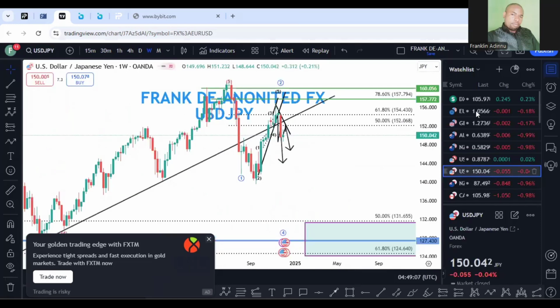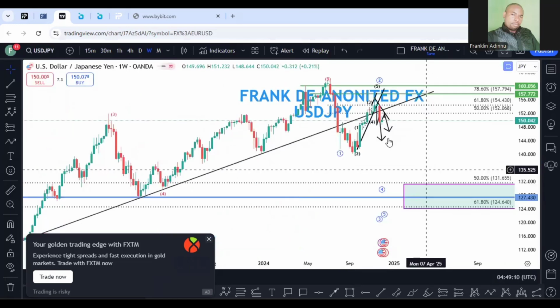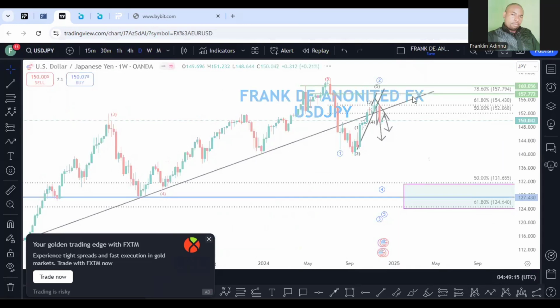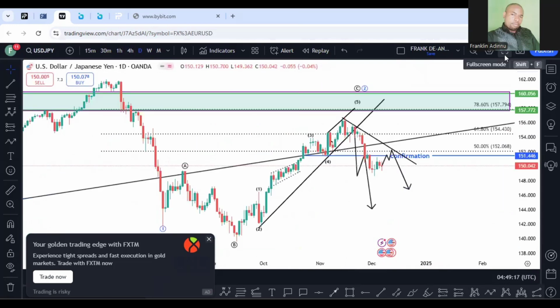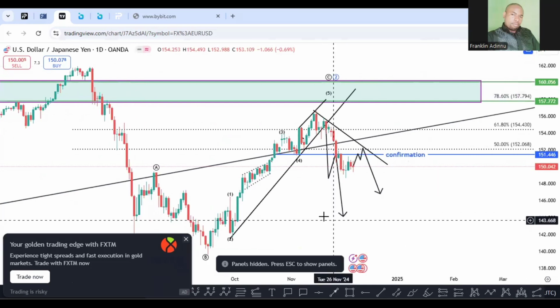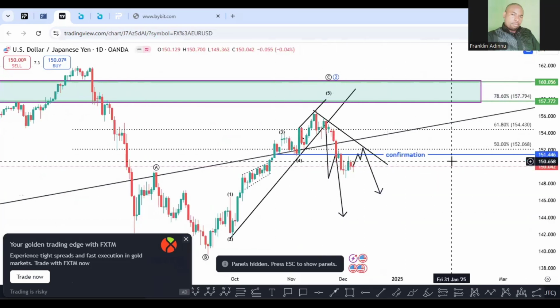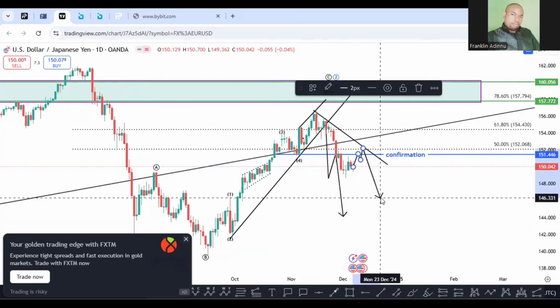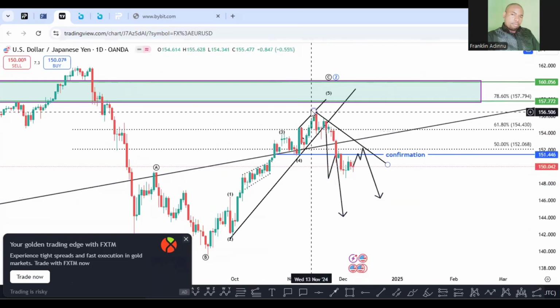So US dollar yuan. Let's go to daily time frame. Okay, this is the confirmation line. So I'm expecting a correction before a drop. Correction to this trend line that I've drawn here.